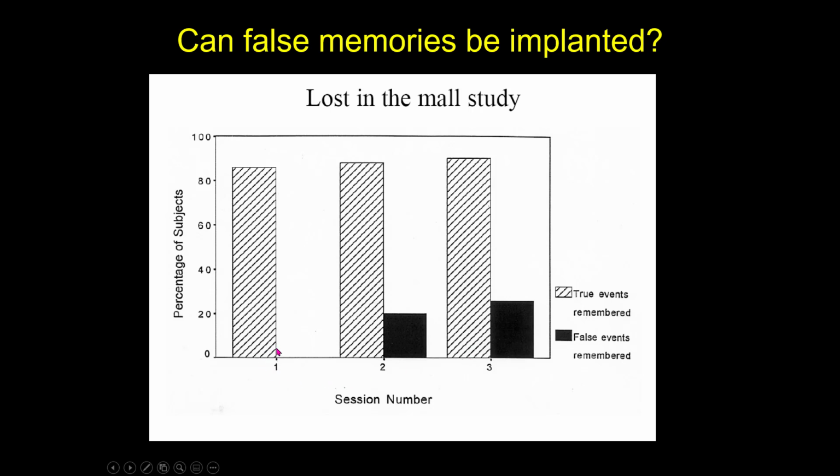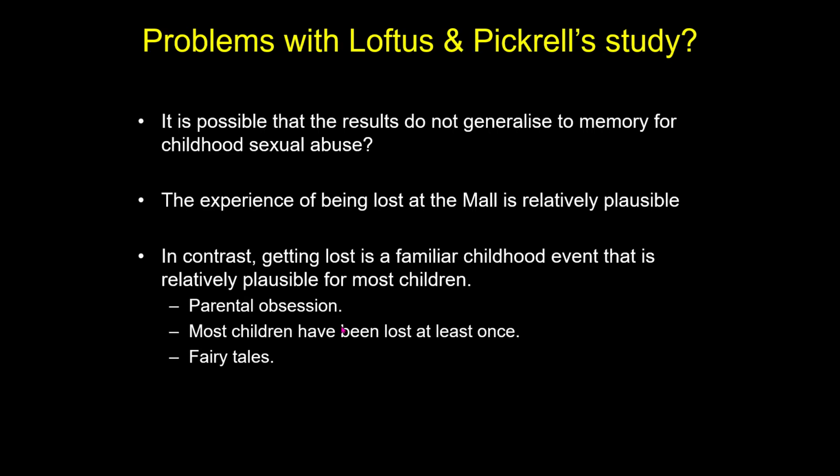None of them recalled being lost in the shopping mall in the first session, but over time that number grew to about a quarter of participants then falsely claiming that they had been lost in a shopping mall when they hadn't been. And so that looks like good evidence that people can form false memories.